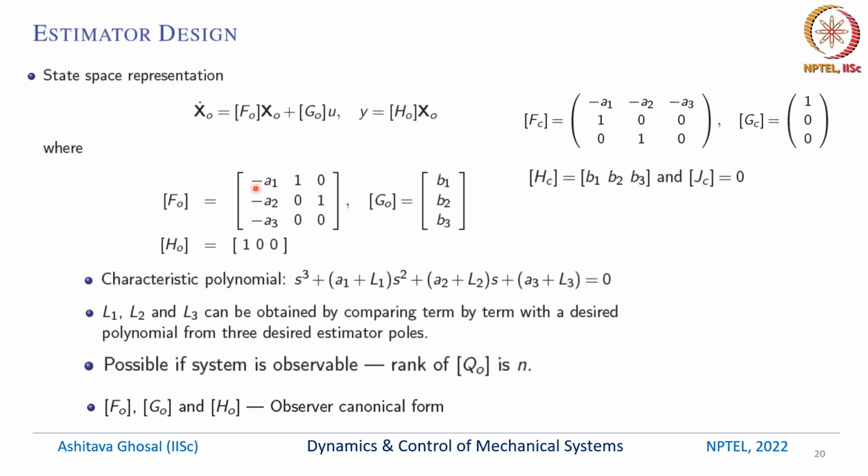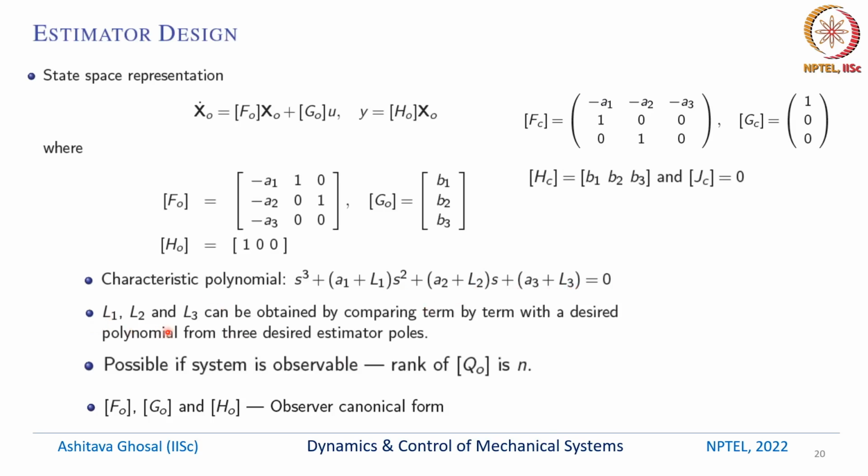So the characteristic polynomial from the observer canonical form can be written as S cube plus (A1 plus L1) S square plus (A2 plus L2) S plus (A3 plus L3) equal to 0.